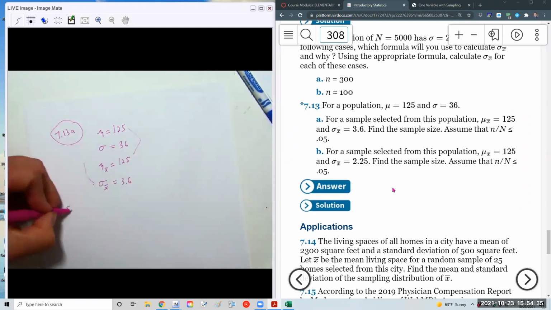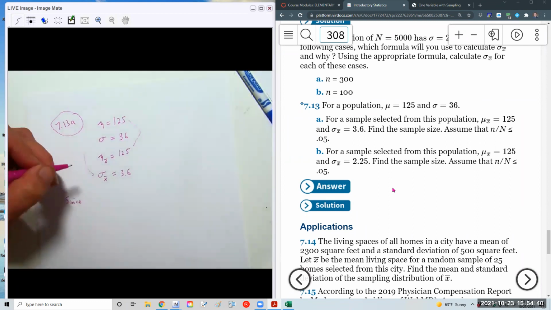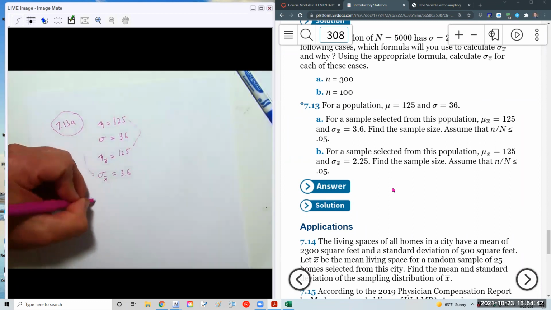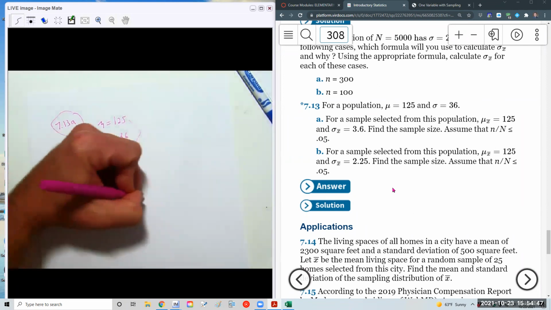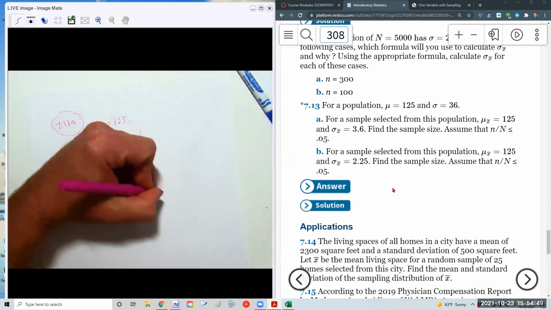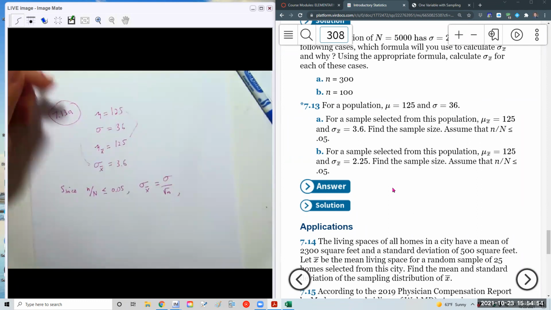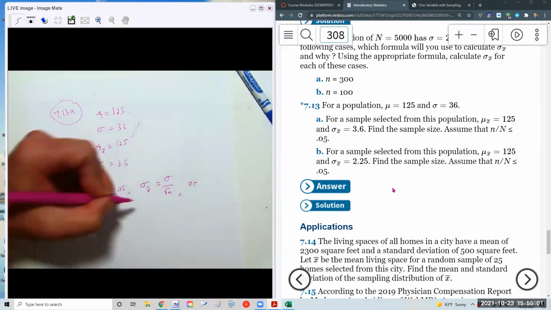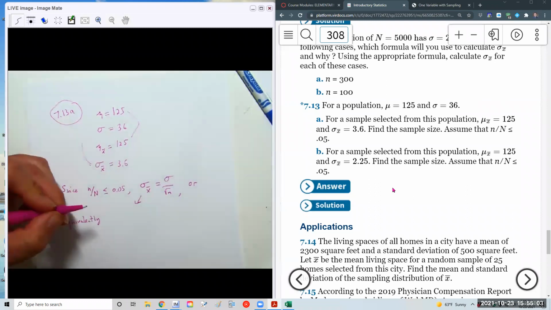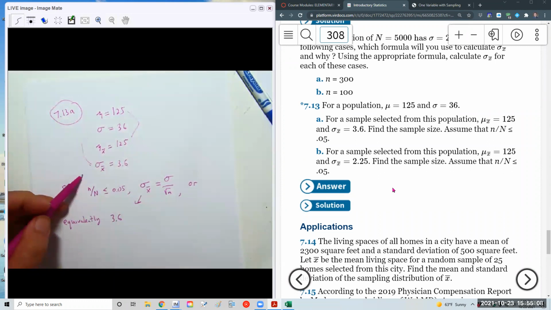Since this is just some algebra business, I'm not very interested in this question, but we'll do it anyway. Since n divided by big N is less than or equal to 5%, sigma sub x bar is equal to sigma divided by square root n, or equivalently, this is going to be equal to 3.6, because sigma sub x bar is 3.6.